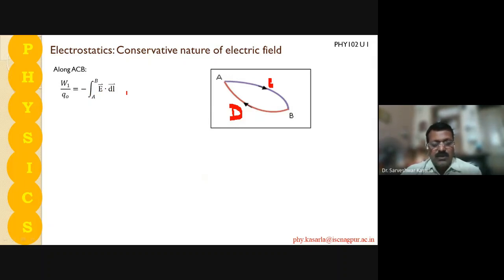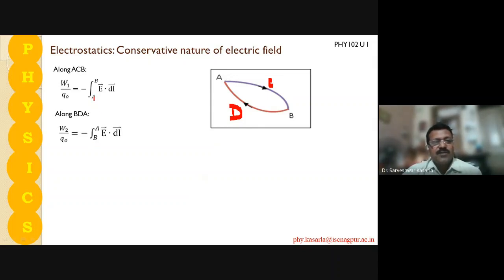Now similarly along BDA, this charge is coming back to A along this path. So this is the first path and this is the second path. The charge is moving from A to B, and then the same charge is moving from B to A but with a different path. So along BDA the expression will be like this.